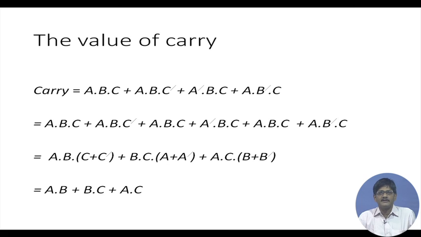The third and the fourth term will allow us to take B and C common, A plus A dash. So, C plus C dash is equal to A plus A dash is equal to B plus B dash equal to 1. Therefore, this comes out to be A and B or B and C or A and C.